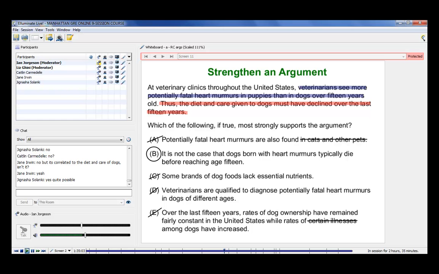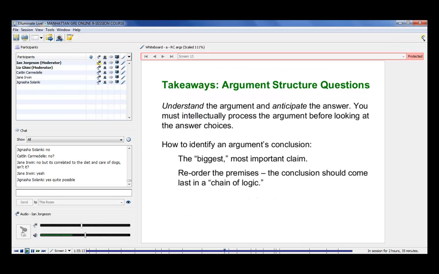All right, we just ended on a really tough one, and I apologize for ending on a tough one. We're going to go ahead and just summarize what we've learned here and move on, or really take a break at this point. So the takeaway here is really to try to spend a good amount of time understanding the argument.